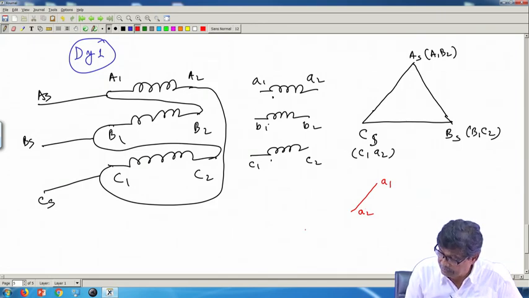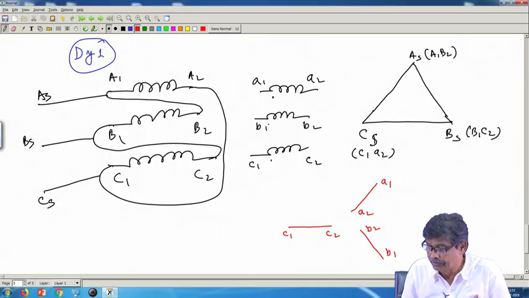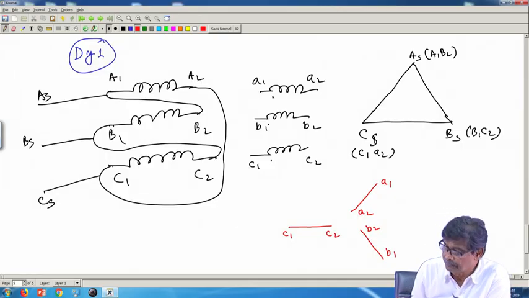Then this voltage is available, c1, c2, and b1, b2. Why have I shown them in isolation? Because I have not connected yet, I do not know.